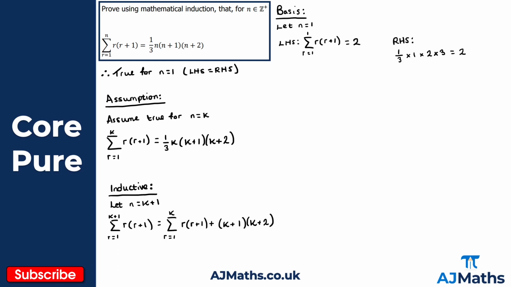So now we know that if we're assuming true for n equals k, then this summation here is equal to a third k times k plus 1 times k plus 2. So if I just replace this, what I get is a third k times by k plus 1 times by k plus 2.